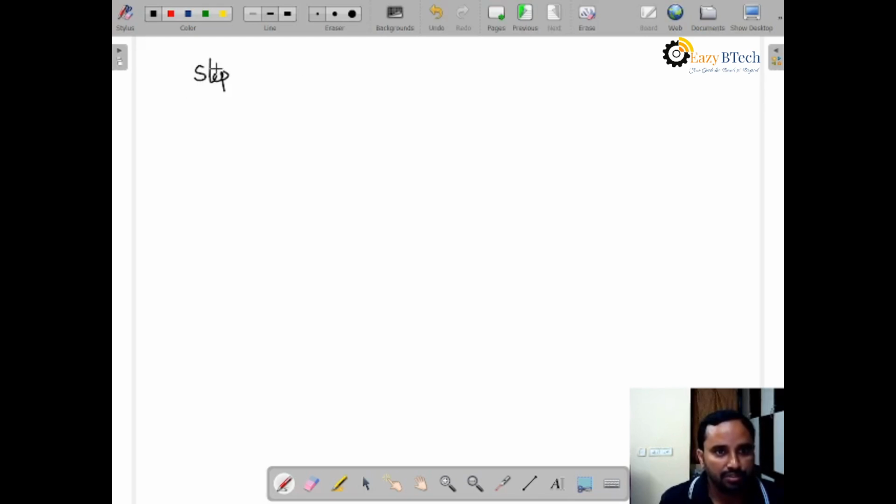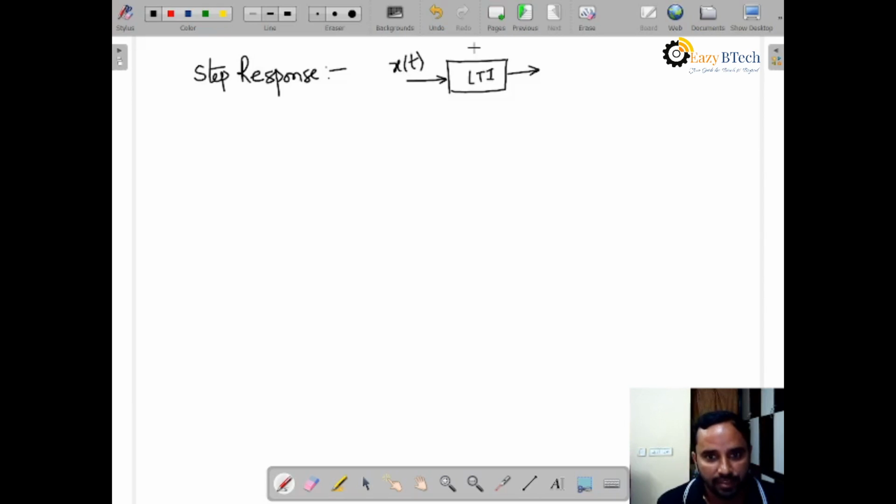Step response. What is the meaning of step response? The response of the LTI system. This is the LTI system. Response means output. So generally the LTI system input is x of t and its impulse response is h of t.